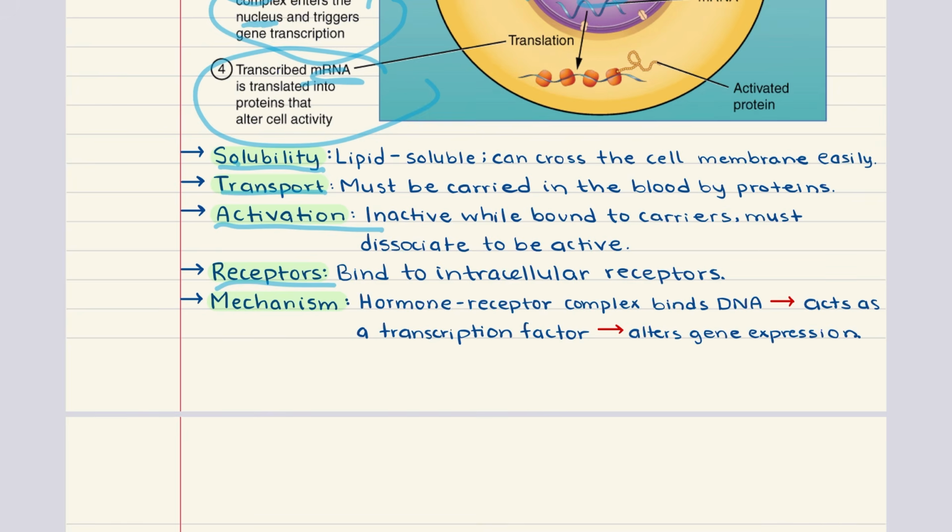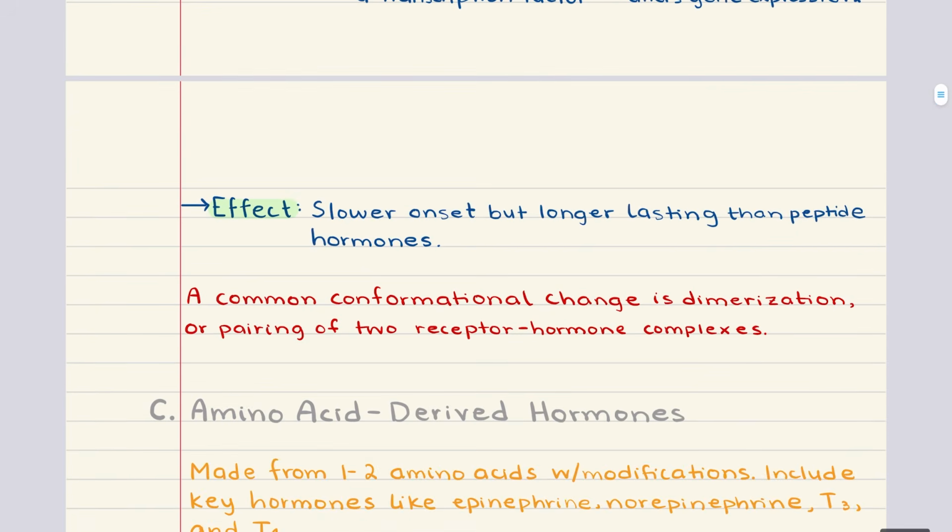And their mechanism of action is the hormone receptor complex. That's going to bind directly to DNA, and it functions as a transcription factor, which alters gene expression. Now, because this process involves changing gene transcription and then producing new proteins, the effects of steroid hormones are slower to begin, but they are longer lasting than the effects of peptide hormones.